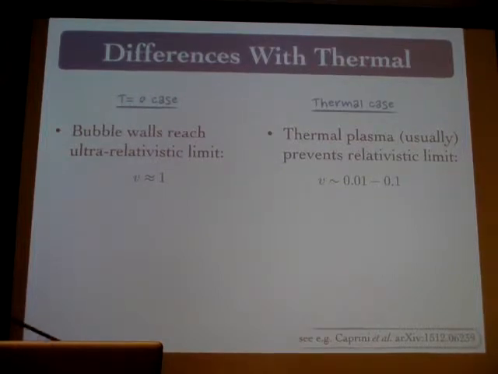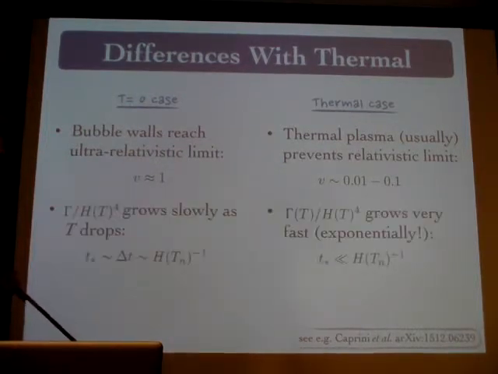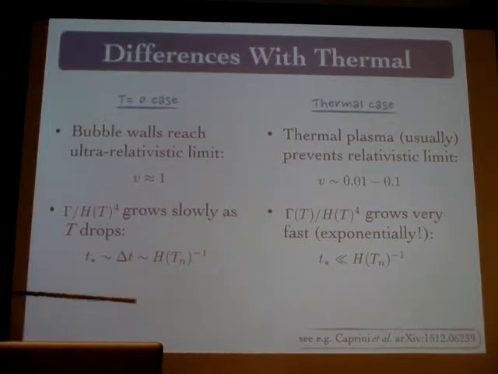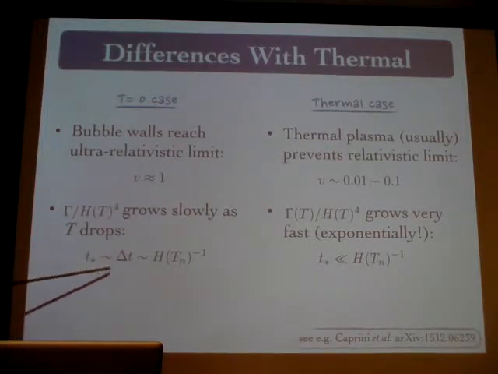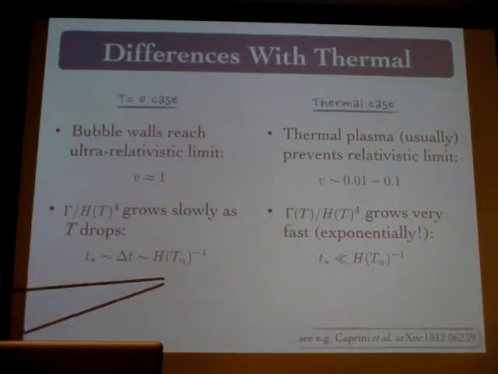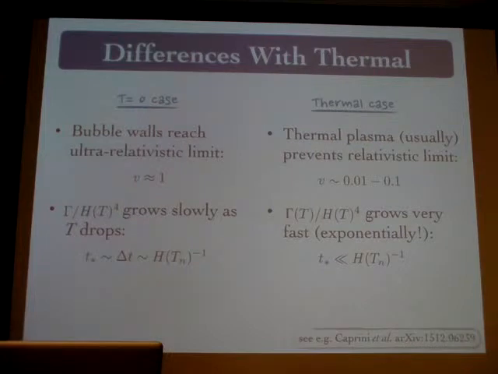Good. So the other difference, as I was saying before, is that in the zero temperature case, this probability of nucleation is growing very slowly. So this basically means that the time it takes for the transition to complete is a further Hubble time, which is a rather long time.